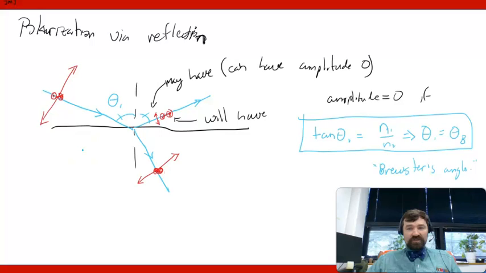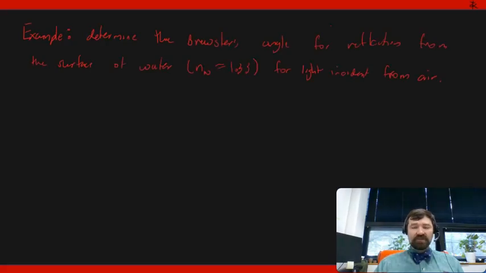This of course uses n2 for the refractive index into which the light is being transmitted, and n1 as the refractive index for the side that the light is on. As a brief example, let's consider light that's incident on the surface of water from air and figure out what the Brewster angle must be for this reflection. Water is n2 in this case.